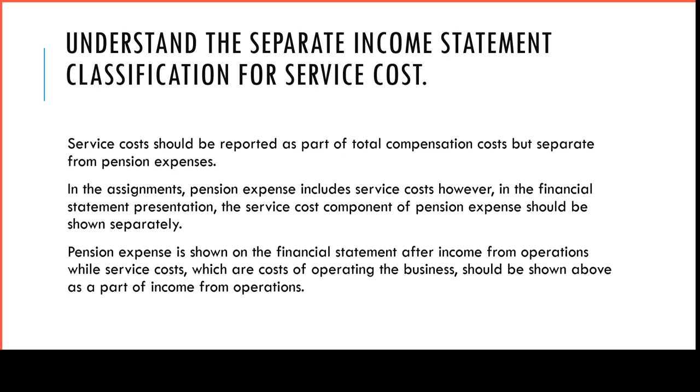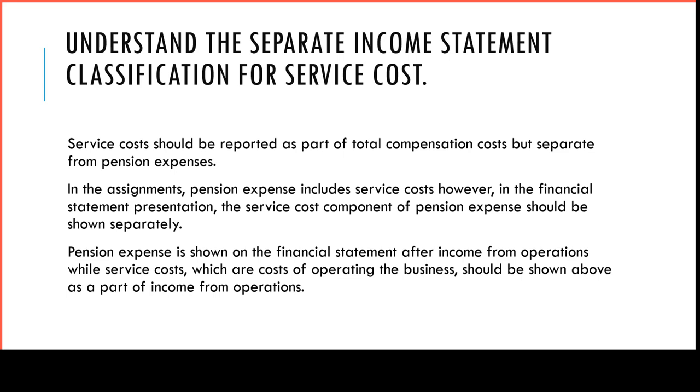And a recent change in GAAP has been to actually show this separately as a part of compensation expense. And in the last paragraph, pension expense is shown on the financial statement after income from operations, while service costs, so pension expense, the first one we're referring to here is pension expense less service costs.